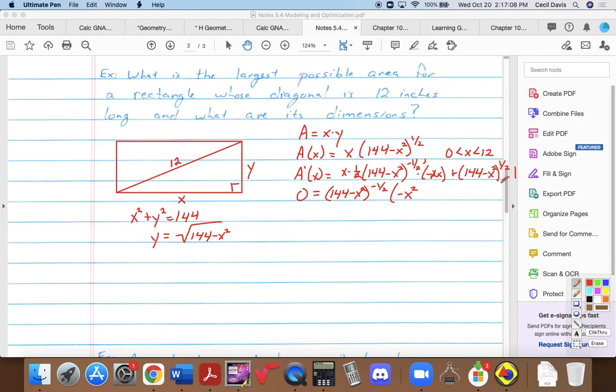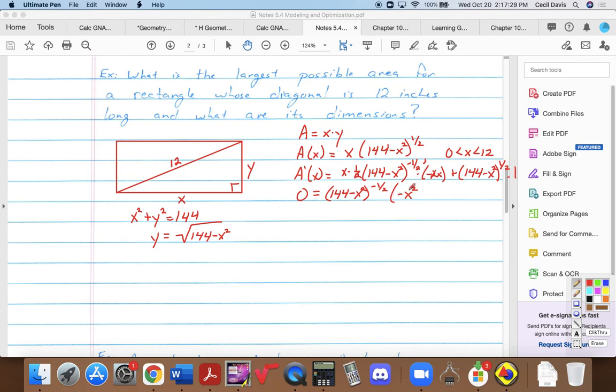And when I factor that out of this one, if I factor something to the negative 1/2 out of something, that same something to the positive 1/2, what am I left with? 1/2 minus negative 1/2 being 1.